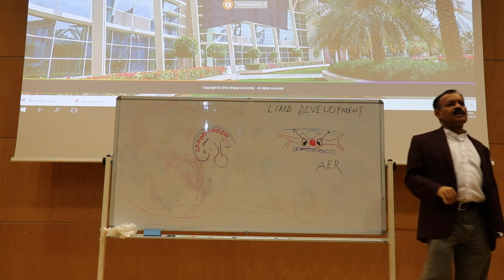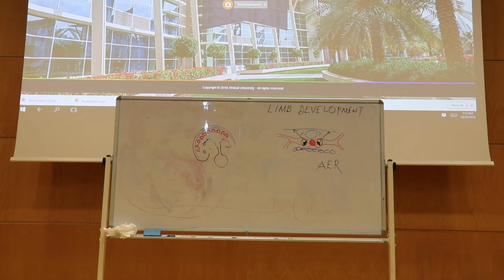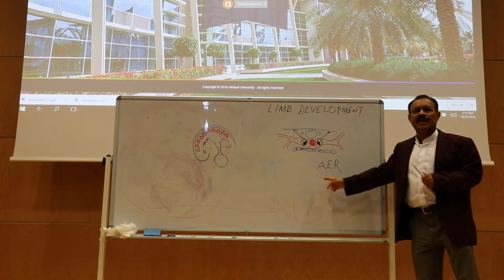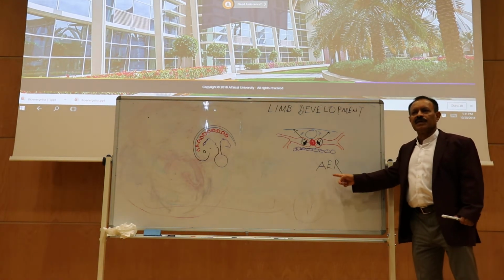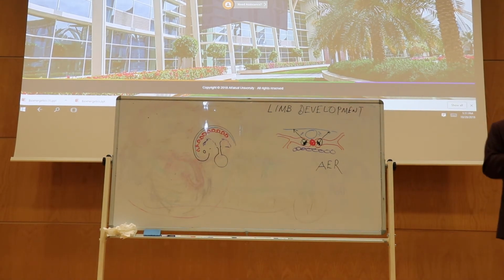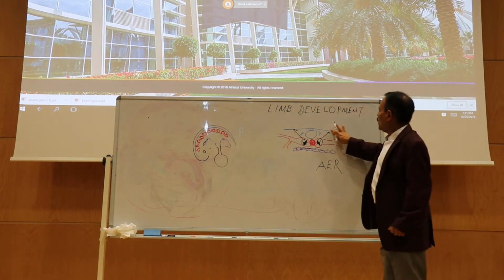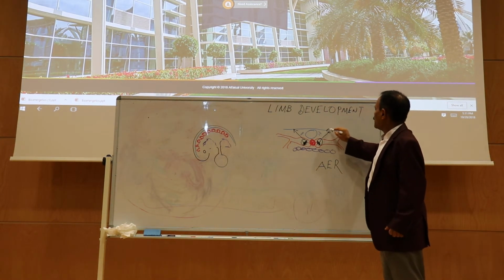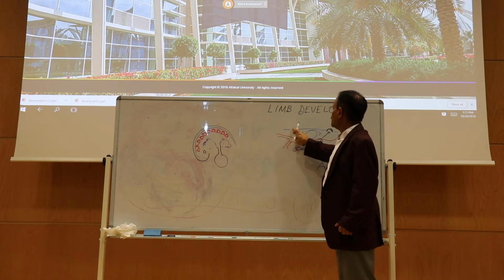That is the development of the limb. When it touches over there, ridge, you can understand the meaning of ridge. R-I-D-G-E. Apical ectodermal ridge. Apical means it will form like pushing like an apex. So this area will look like a little bit apical ectodermal ridge.